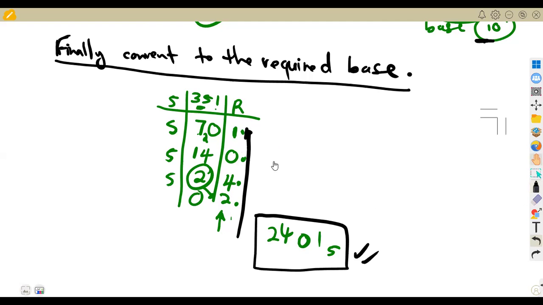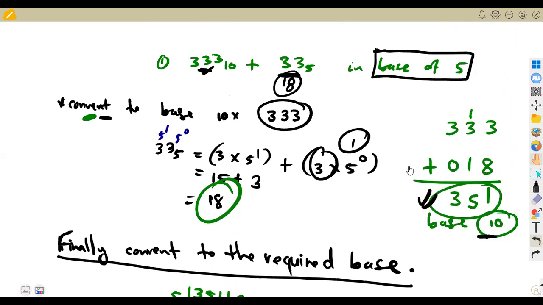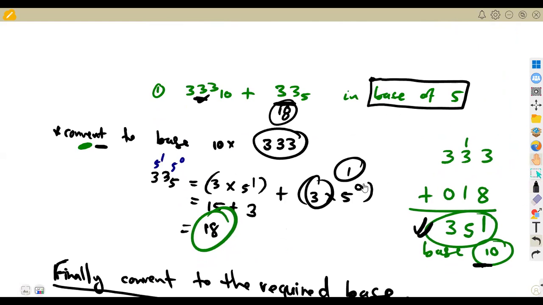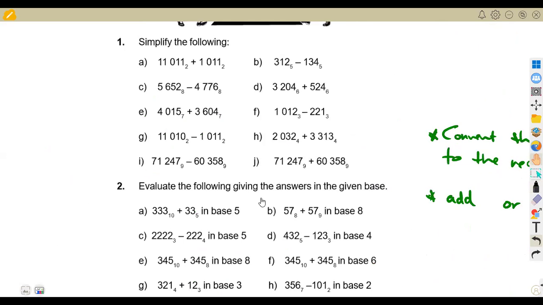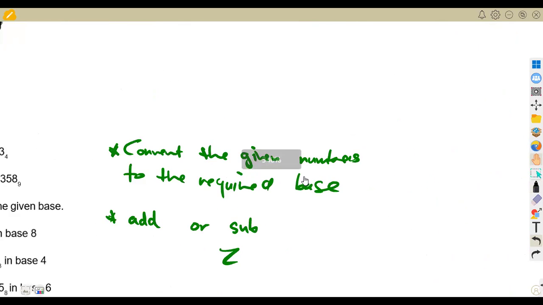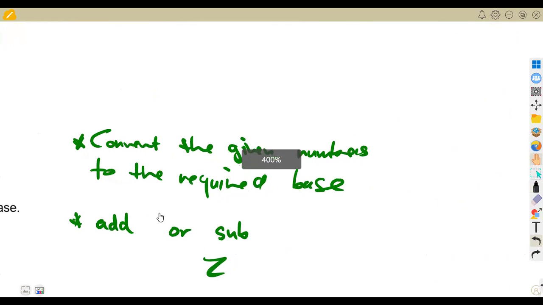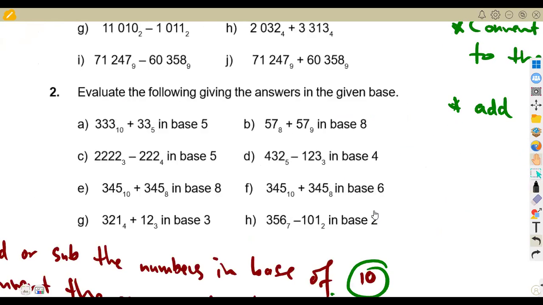All right. But like I said, this is not the only way. We have also this consideration where we have to convert the given numbers to the required base, then add or subtract. What is the required base first? Convert the numbers to that base.